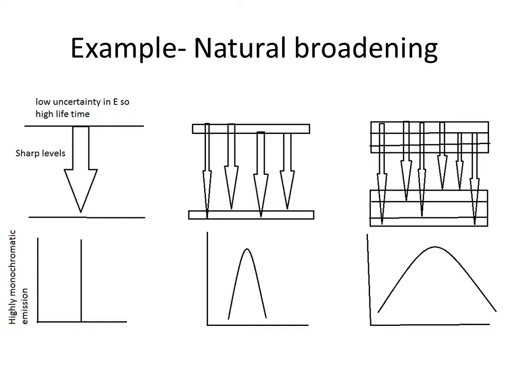Whereas in the other two diagrams, there is some finite uncertainty in energy levels, which means atoms cannot stay there for an infinite amount of time, so they will de-excite. That de-excitation is spontaneous emission, which can take place at any instant.